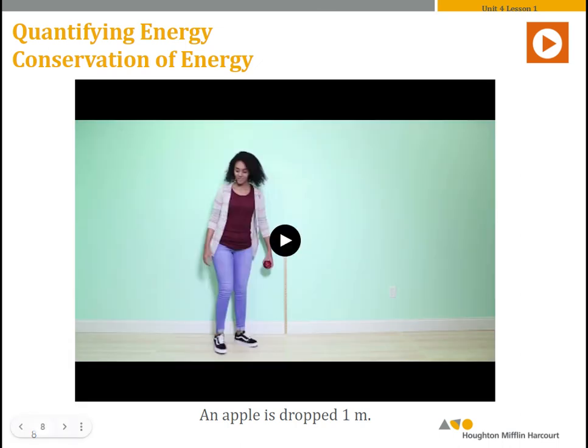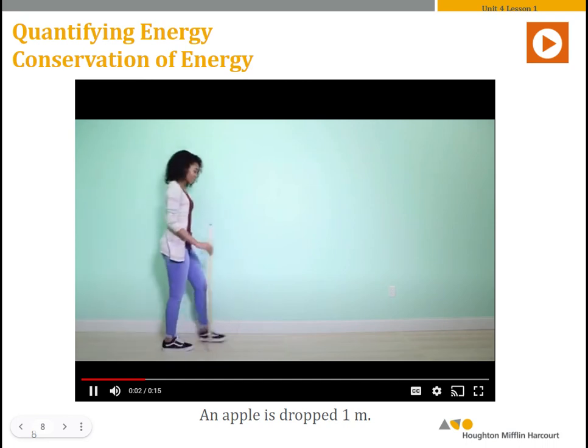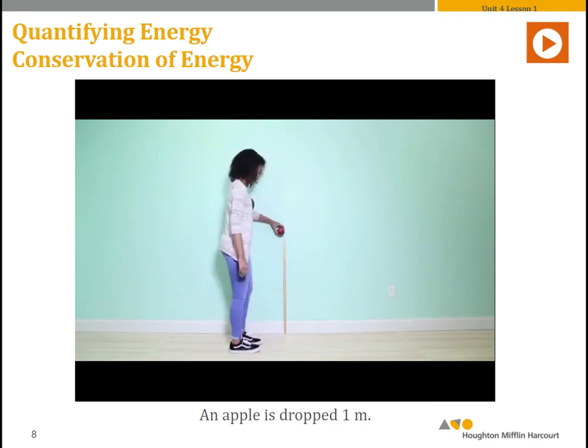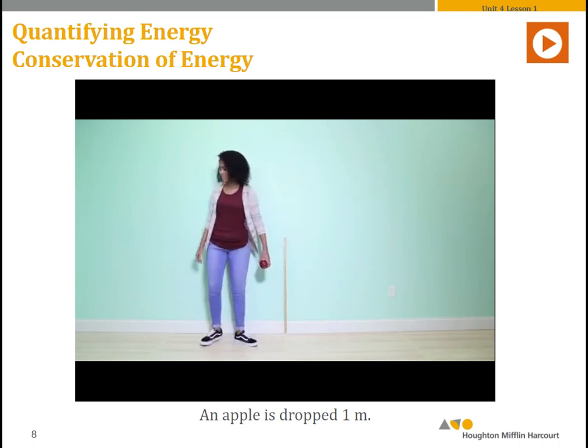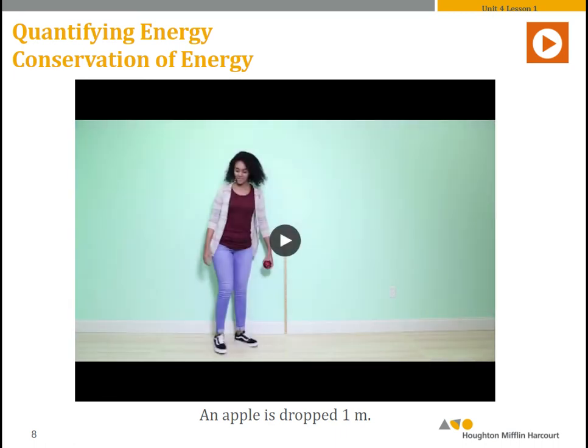So let's look at an example of an apple being dropped by this young lady. Energy is measured in joules. An apple that's held 1 meter from the ground has about 1 joule of potential energy. If it falls, the potential energy is gradually converted from potential energy to kinetic energy as it falls.